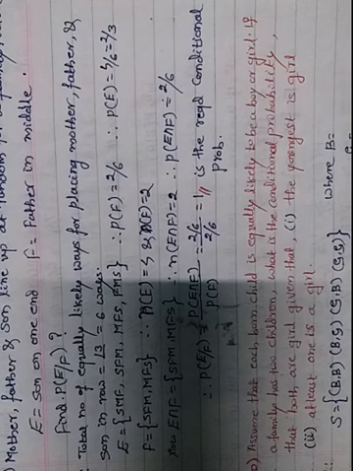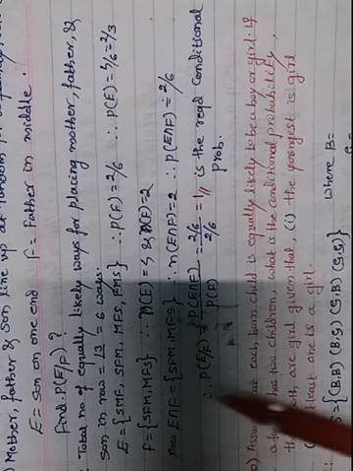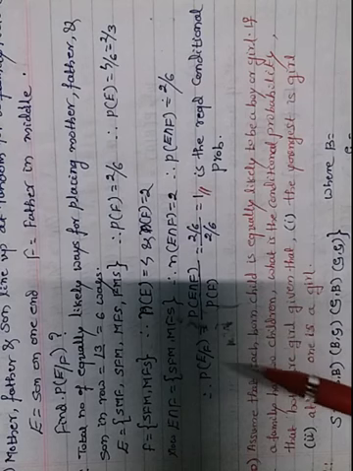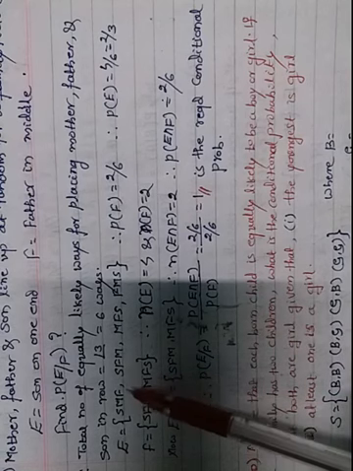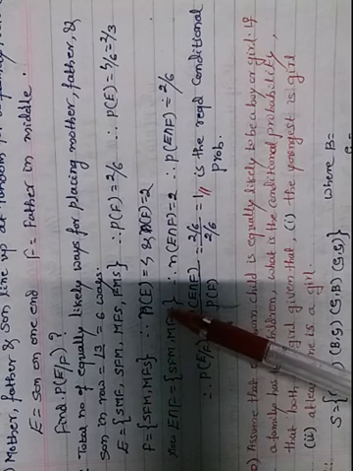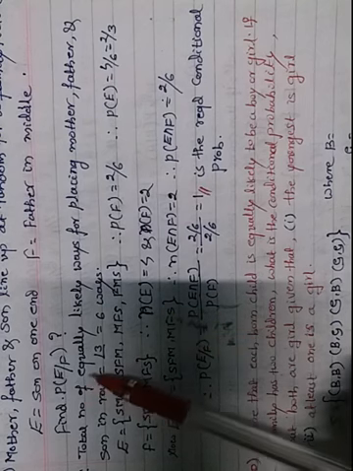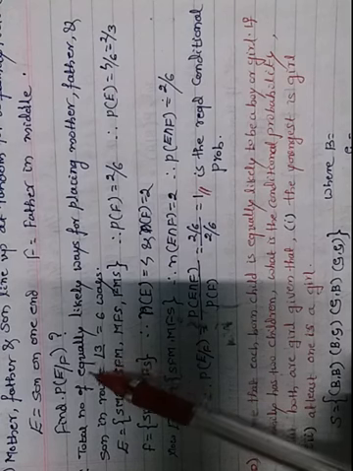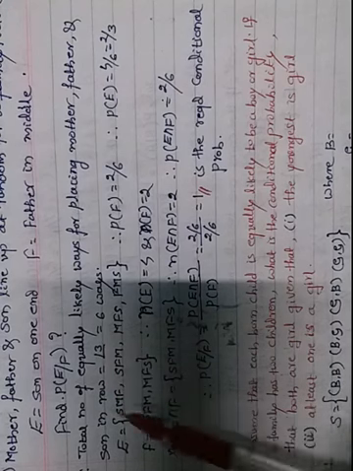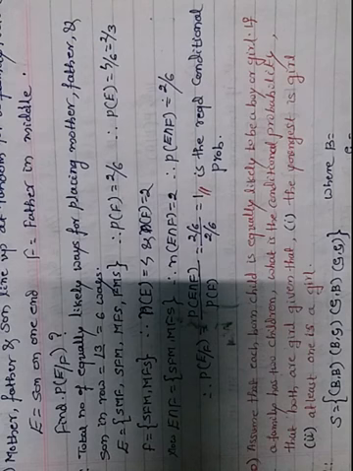Hence, it is different. So questions 8 and 9 are very, very important, according to me, because here finding the sample space is different. In this case, the sample space entirely depends upon the permutation concept. In the earlier question, the 8th question, the sample space depended only on N of S.